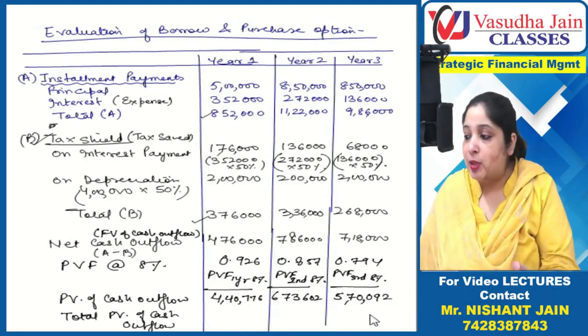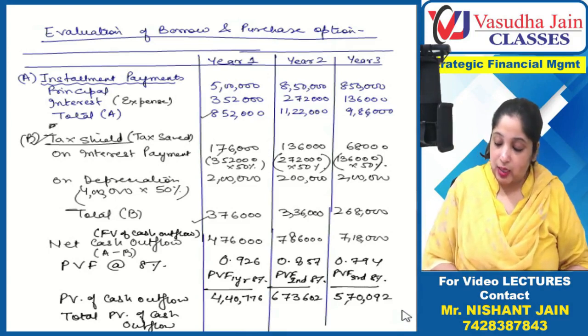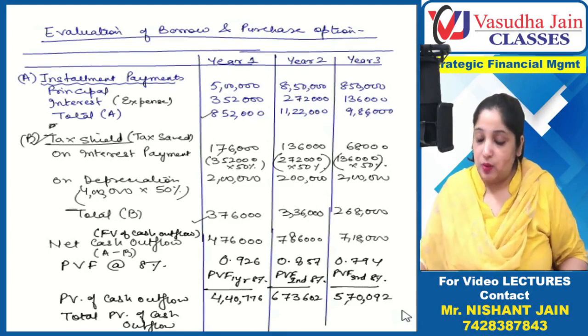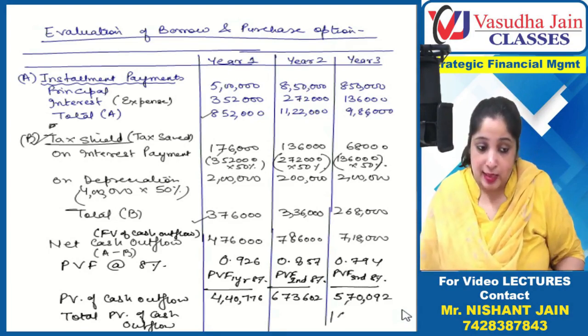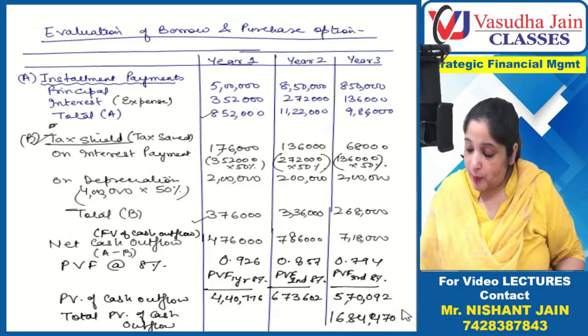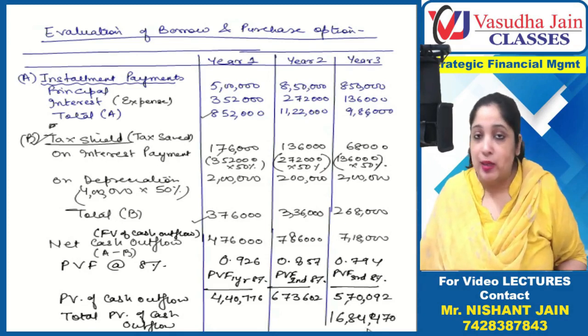Now let us add this much total. Basically the total is how much? 4,40,776 plus 6,70,602 plus 5,70,092. It is coming out to be 16,84,470. So whatever the outflows are in 3 years, its present value is this much.